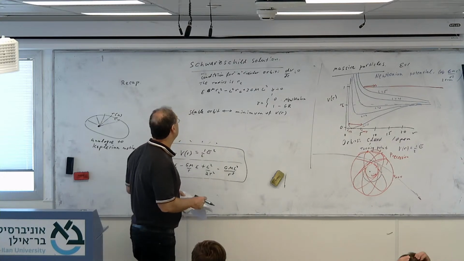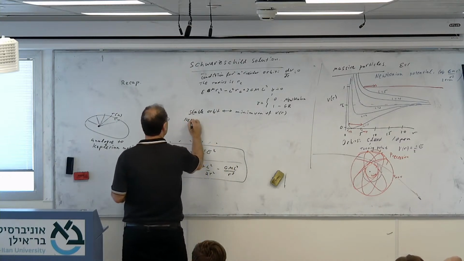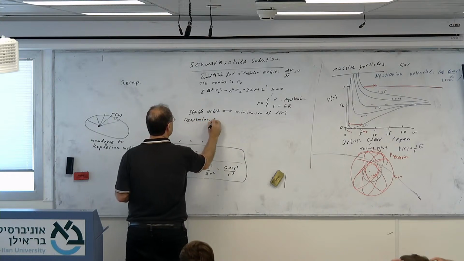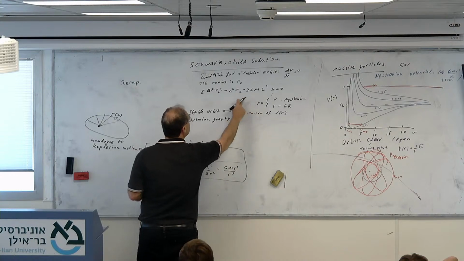Of course, in Newtonian gravity, gamma is equal to 0.